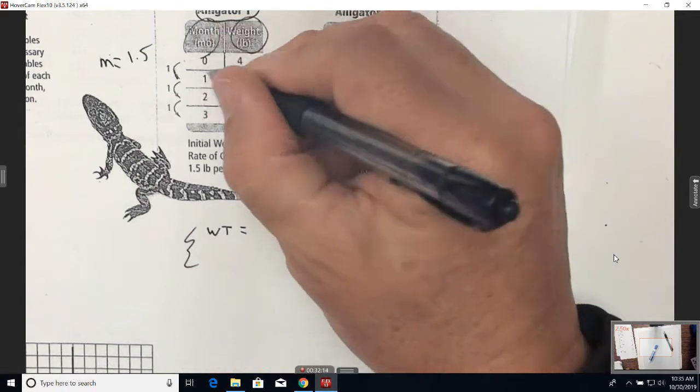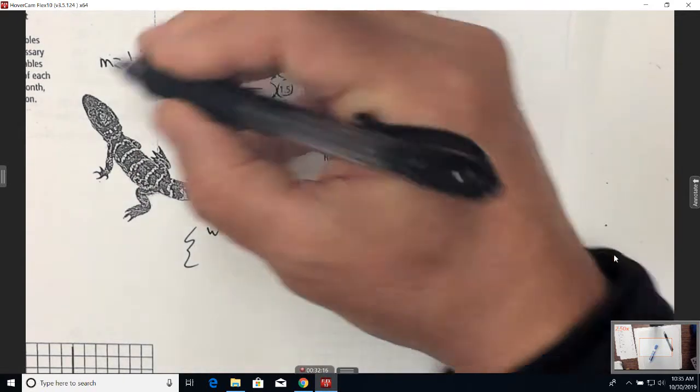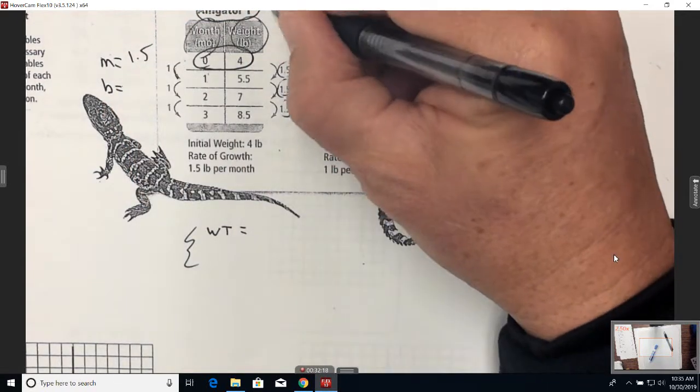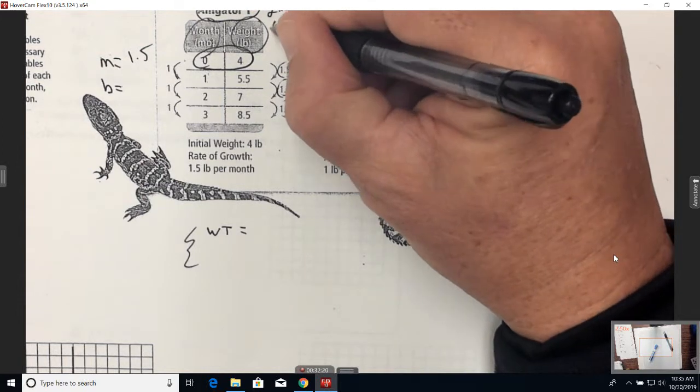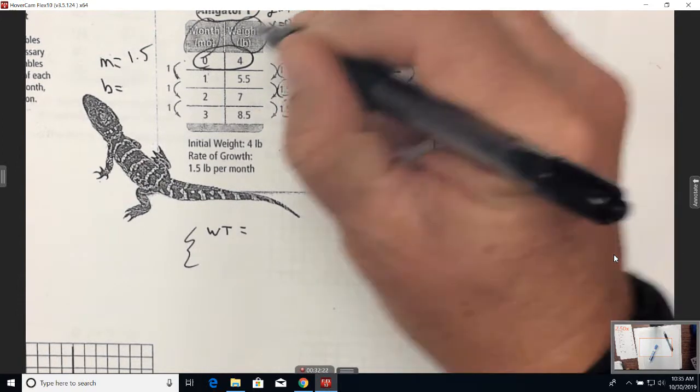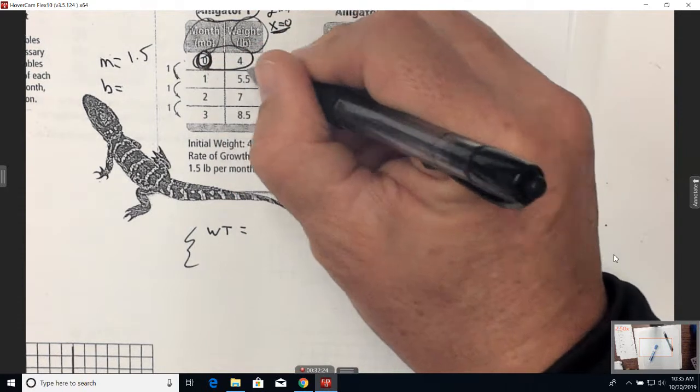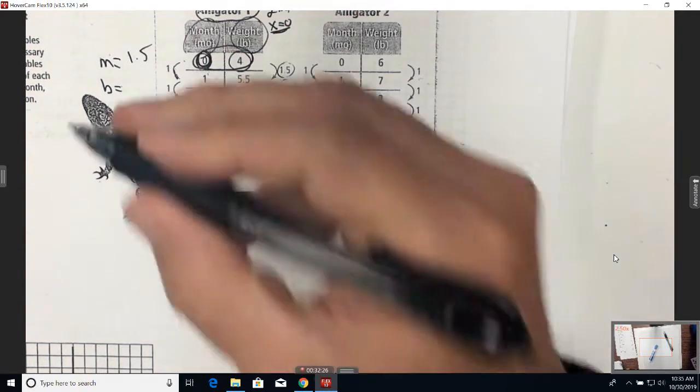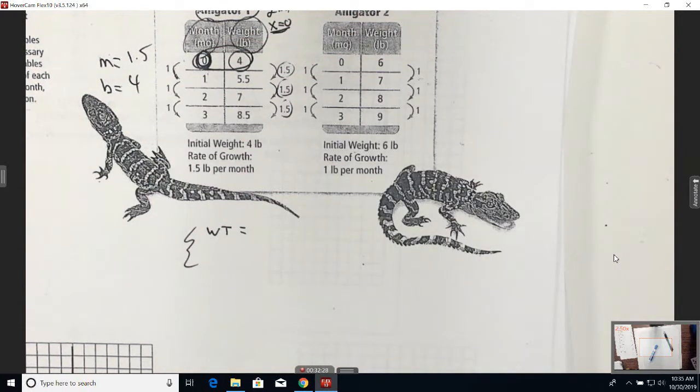Right? So what was the initial weight or the b value, which is known as my y-intercept? Remember, your y-intercept was where x is equal to 0. If x is 0, what is y? 4. So that means that when this alligator was first born, it weighed 4 pounds. If you think of it that way.